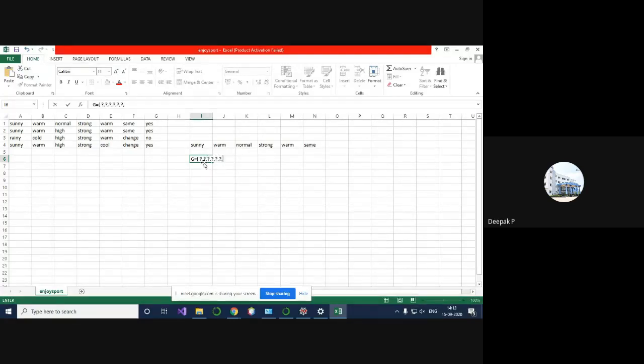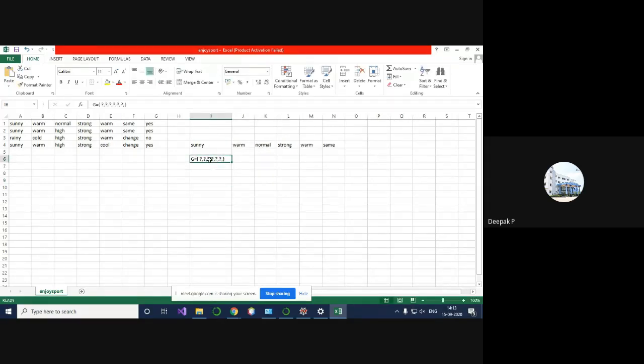How many attributes am I having? I'm having 6 attributes, so I'll have 6 generalized attributes for the generalized hypothesis, or maximally general hypothesis. When it comes to the specific hypothesis, I will have a null set, which will be represented by 0. This is my first step.